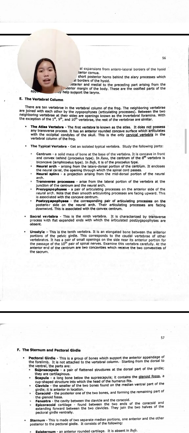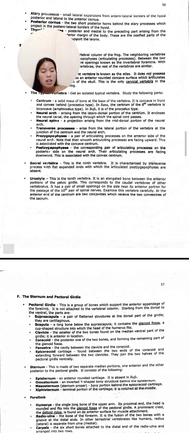So next is the typical vertebra. So what is typical vertebra? So typical vertebra consists of a body and vertebral arc. The arc is formed by the paired pedicles and paired laminae.